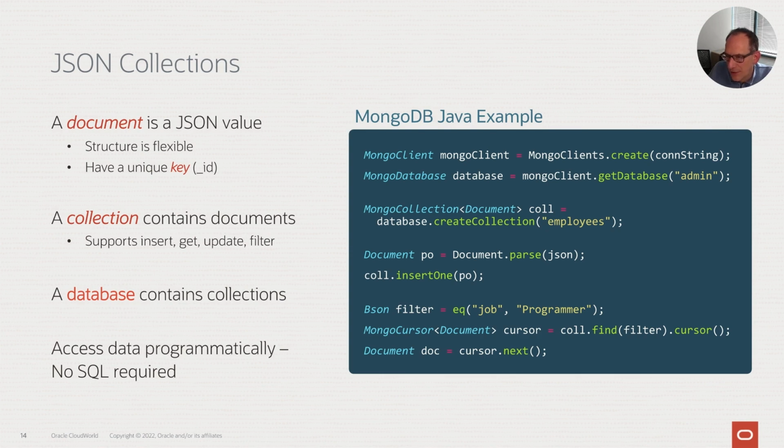There is no schema definition, etc. And if we've inserted many employees, maybe we want to find all the people where the job is programmer. So I have a filter here, which has this key value pair, job being programmer, and then I invoke a find method, and then I iterate over the query result.